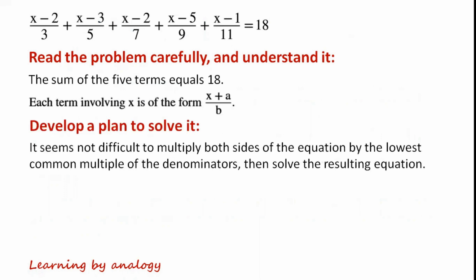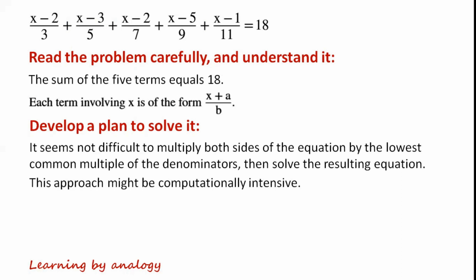It seems not difficult to multiply both sides of the equation by the lowest common multiple of the denominators, then solve the resulting equation. This approach might be computationally intensive.